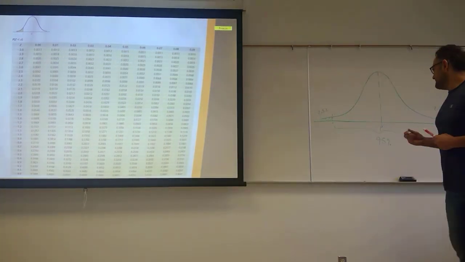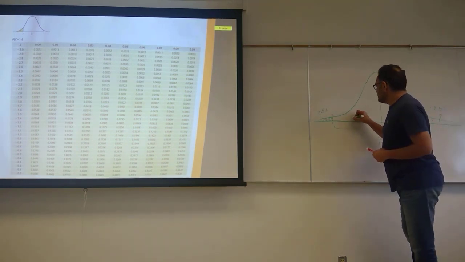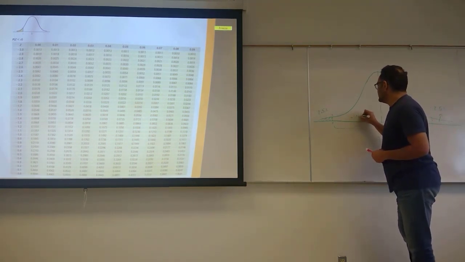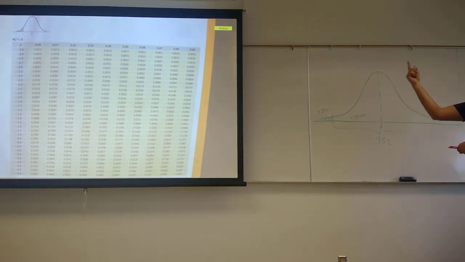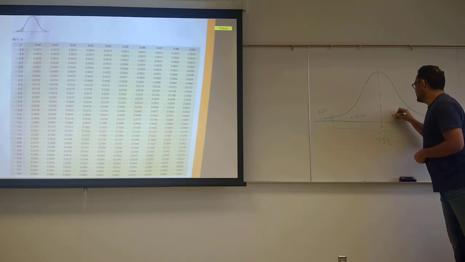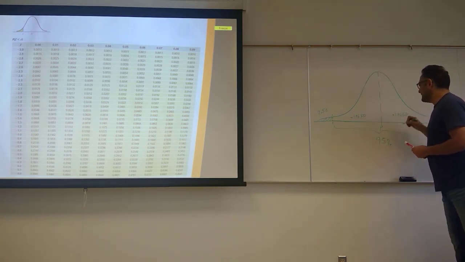So it means we are here, minus 1.96 standard deviations to the left, and if we look it up for the right tail, it would be essentially plus 1.96 standard deviations to the right.